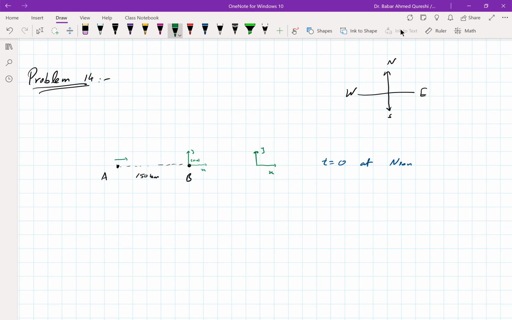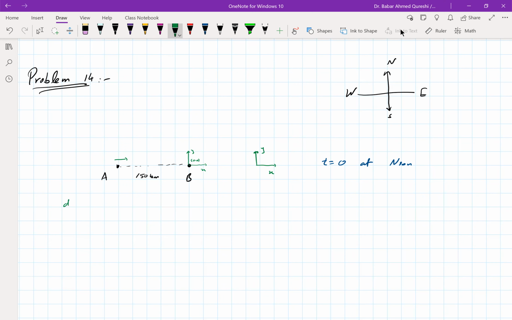And A was 150 kilometers to the west on the negative x-axis and moving towards ship B, in the positive x direction.